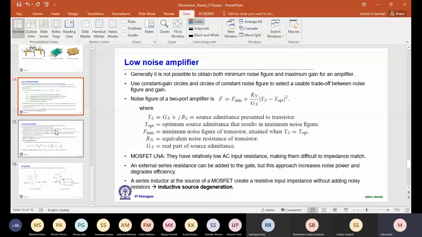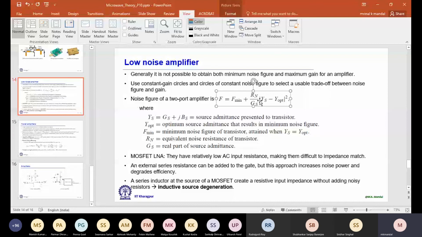So in general, the noise figure of a two-port amplifier F is given by F minimum, where F minimum is the minimum noise figure of the transistor. Again, the transistor noise figure depends on its bias point. You can optimize the bias point to decrease the noise figure of the transistor itself. And also the source condition.